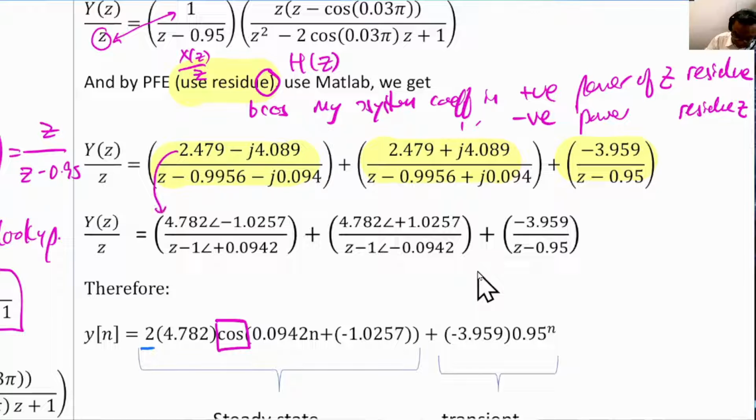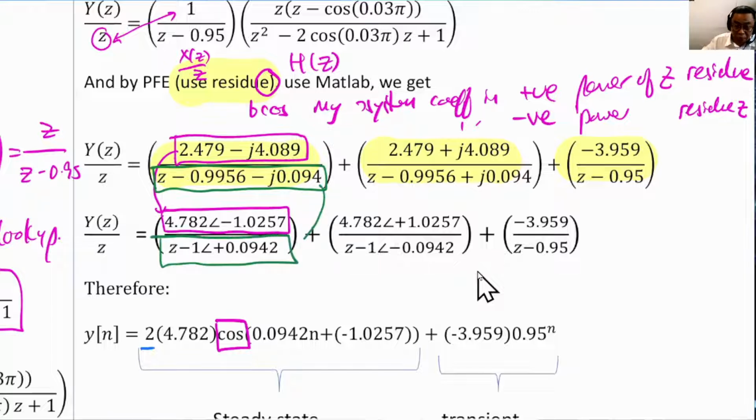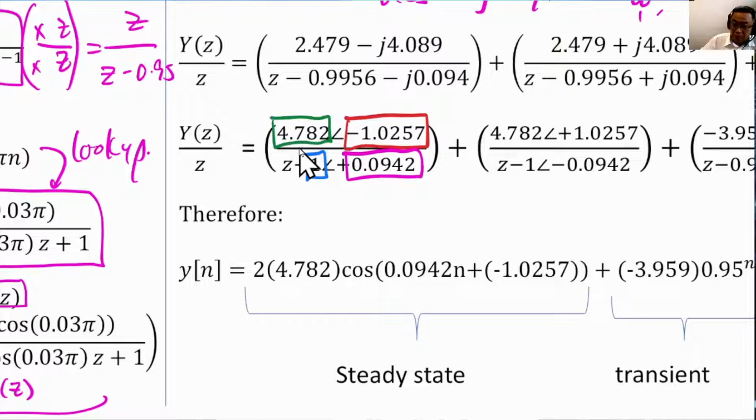So this is simply the polar representation of the top, and the one below is also the rectangular representation. Convert rectangular to polar, and then we'll use the numbers in this polar form. Let's see these four numbers. I colored these four numbers: the numerator's magnitude and numerator's phase, and in the bottom, the denominator's magnitude and the denominator's phase. These four numbers are useful.